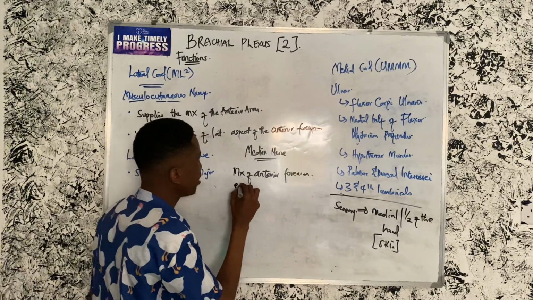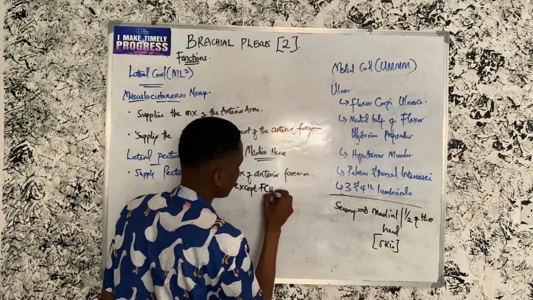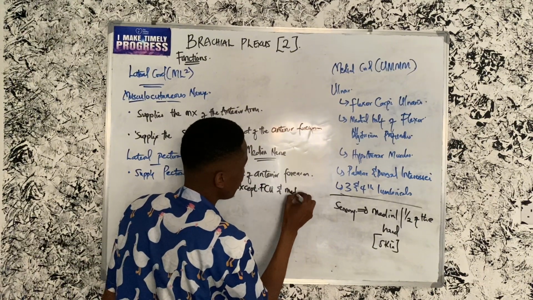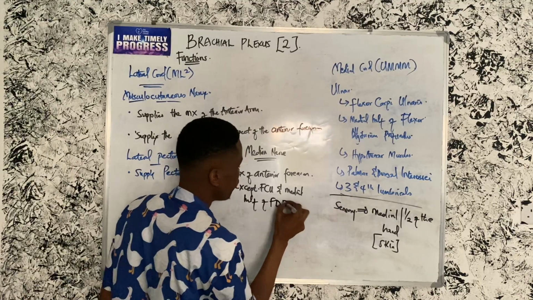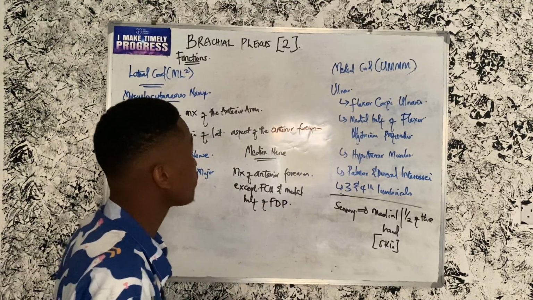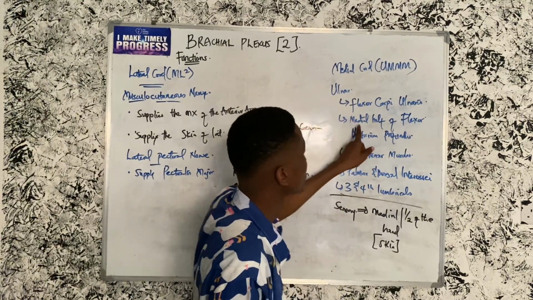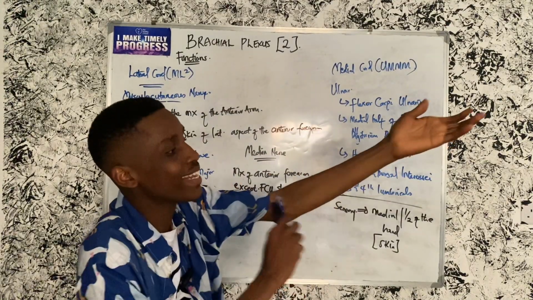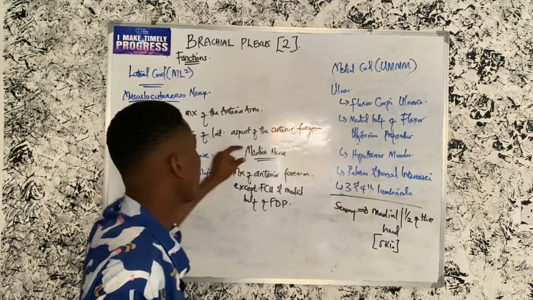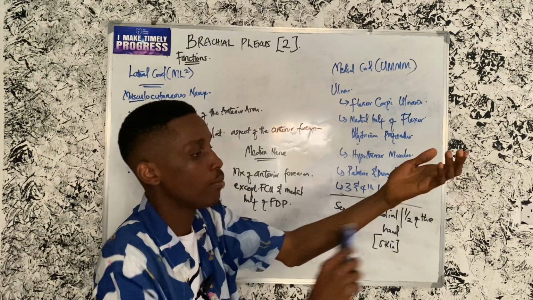So it will supply all the muscles of the anterior forearm except flexor carpi ulnaris and medial half of flexor digitorum profundus. Remember what we said earlier, that ulnar nerve supplies flexor carpi ulnaris. Ulnar nerve supplies medial half of flexor digitorum profundus. So every other thing here in the anterior forearm is supplied by median nerve. Apart from those two, all others are supplied by median nerve.